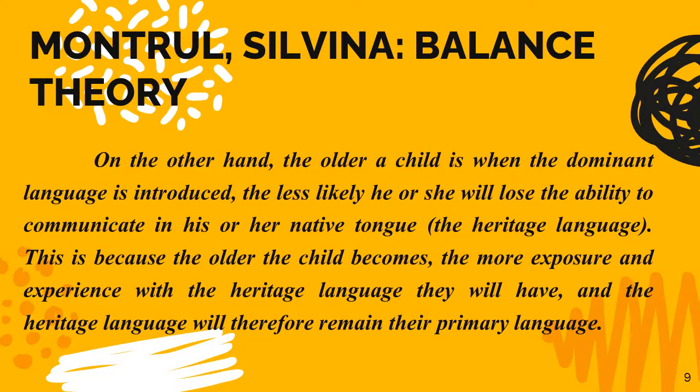On the other hand, the older a child is when the dominant language is introduced, the less likely he or she will lose the ability to communicate in his or her native tongue or the heritage language. This is because the older the child becomes, the more exposure and experience with the heritage language they will have, and the heritage language will therefore remain their primary language.